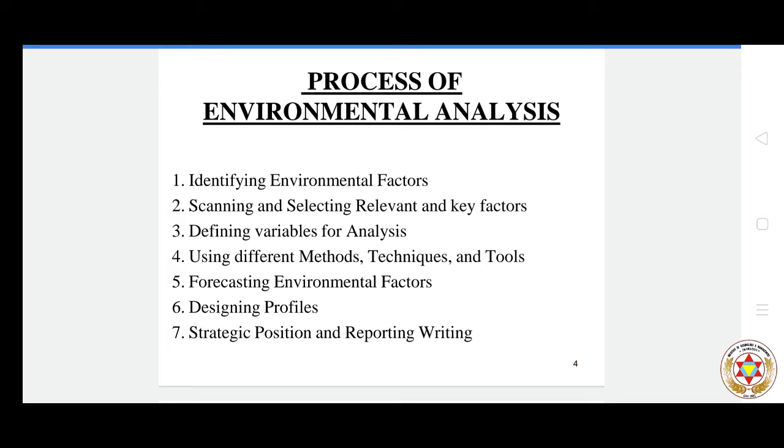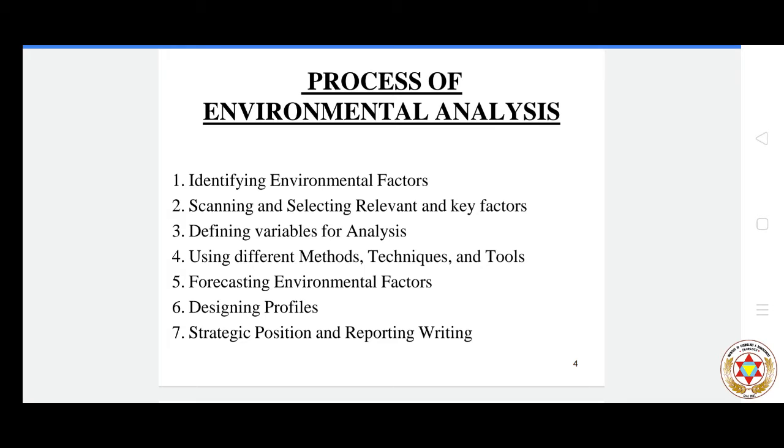The fourth step is using different methods, techniques, or tools: methods like scenario building, benchmarking, and network methods; techniques like brainstorming, survey technique, and historical inquiry; and some of the analytical tools are the mean, median, mode, and frequency. The fifth step is forecasting environmental factors, that is, after identification, examination, and analysis, lastly the impact of the variables is to be forecasted.